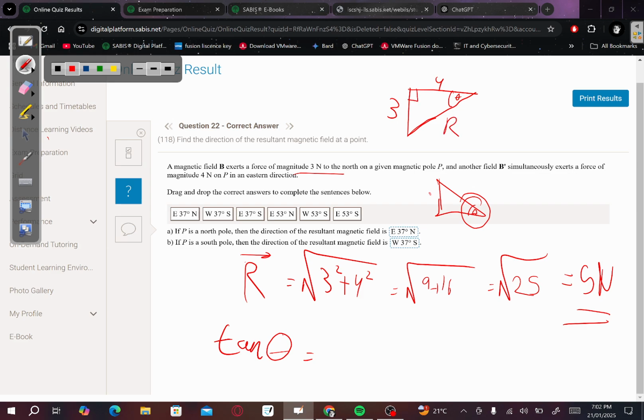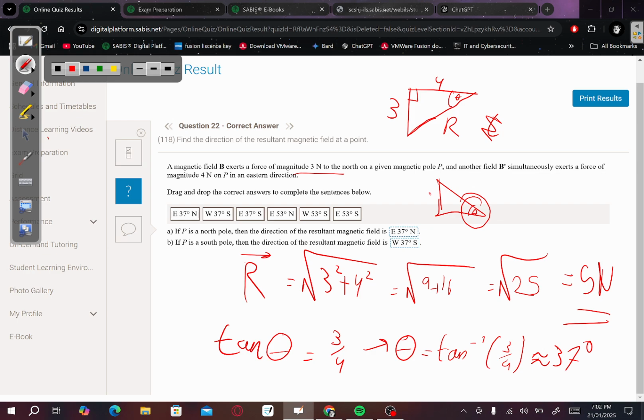This is a 90 degree triangle, as you can see. We're going to have to apply the tangent, which gives the opposite over the adjacent. So tan theta equals 3 over 4, meaning that theta equals tangent inverse of 3 over 4, which equals approximately 37 degrees, to 2 significant figures.